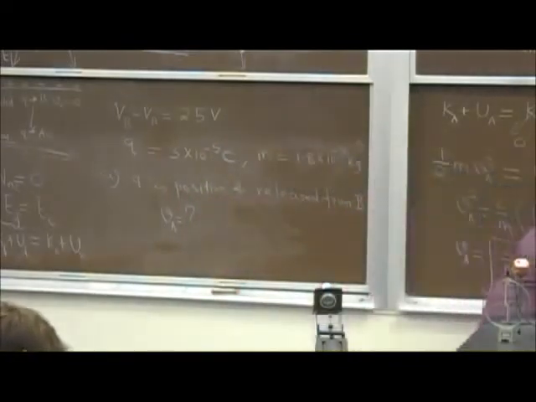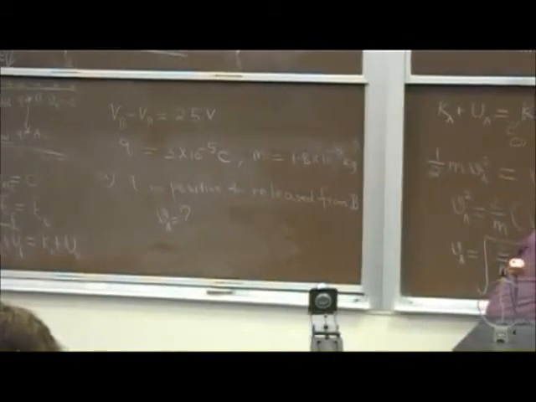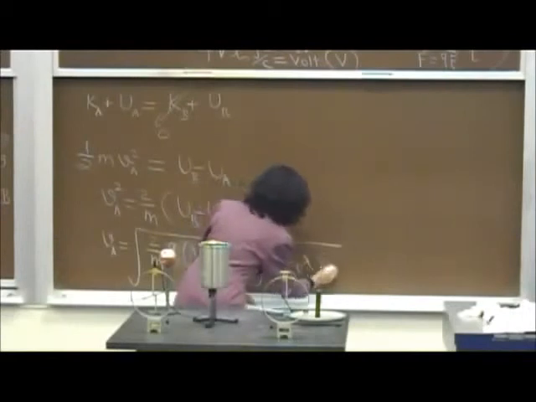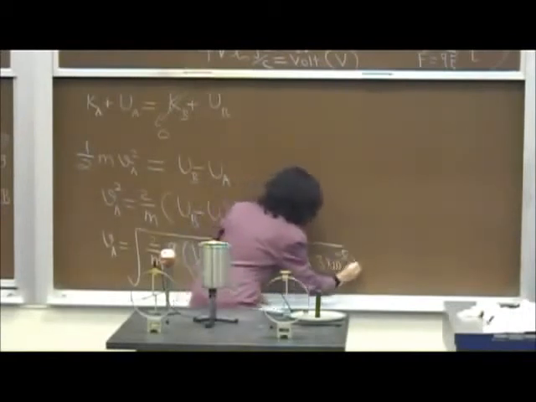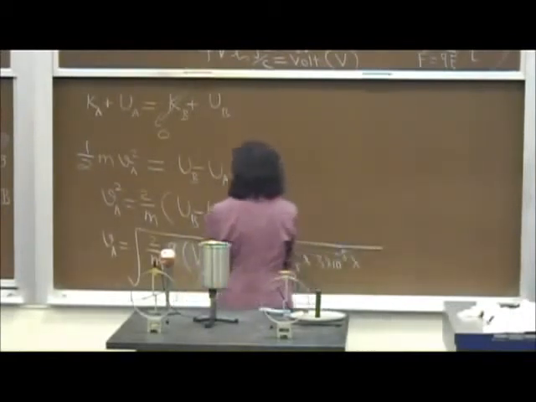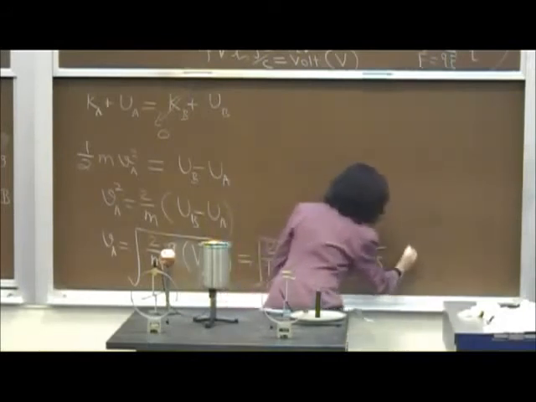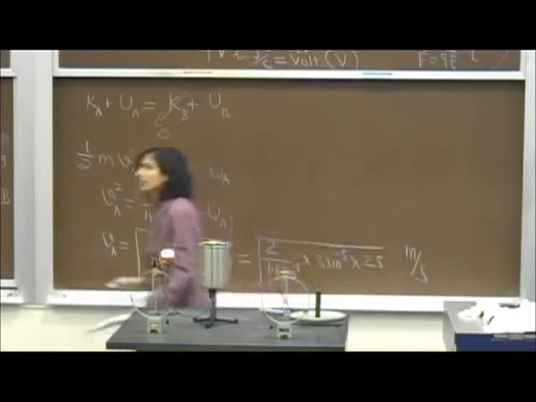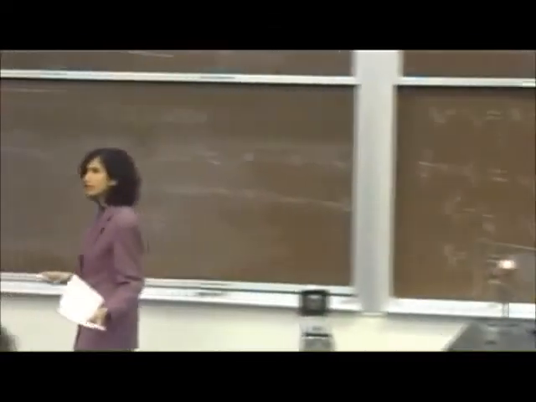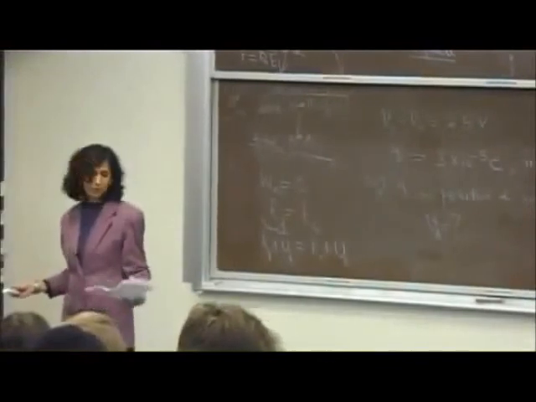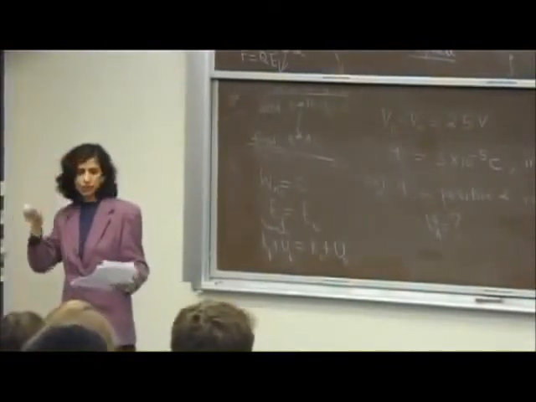So that will be 1.8 times 10 power minus 5 kg multiplied by Q, which is 3 times 10 power minus 5 coulomb, multiplied by change in potential, which is 25 volts, and this answer should be in meters per second because everything I wrote is in SI unit. Isn't that true, folks? If everything is in SI unit, the final answer must be in SI unit too.